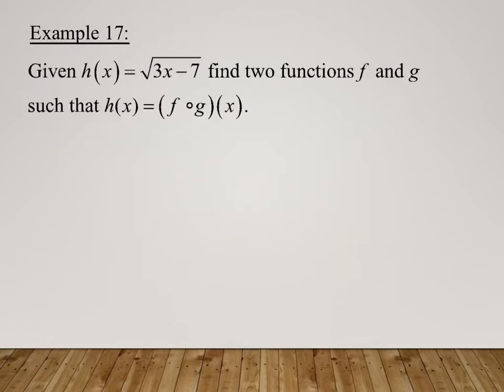So in the future of calculus, we usually have to break functions down from a composite into two separate functions. And so that's what we're going to do. We're going to look at the function h(x), and we're going to break it into two functions using the composite idea, right?